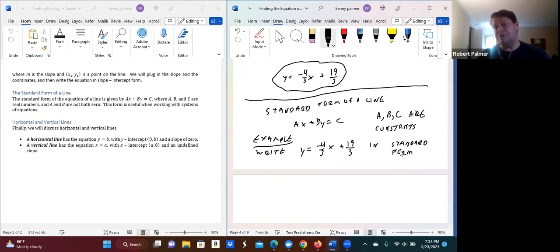Now, standard form is not as useful in most cases, but one place you will see it often is if you're looking at systems of equations where you have more than one linear equation, and often you see it in that form.